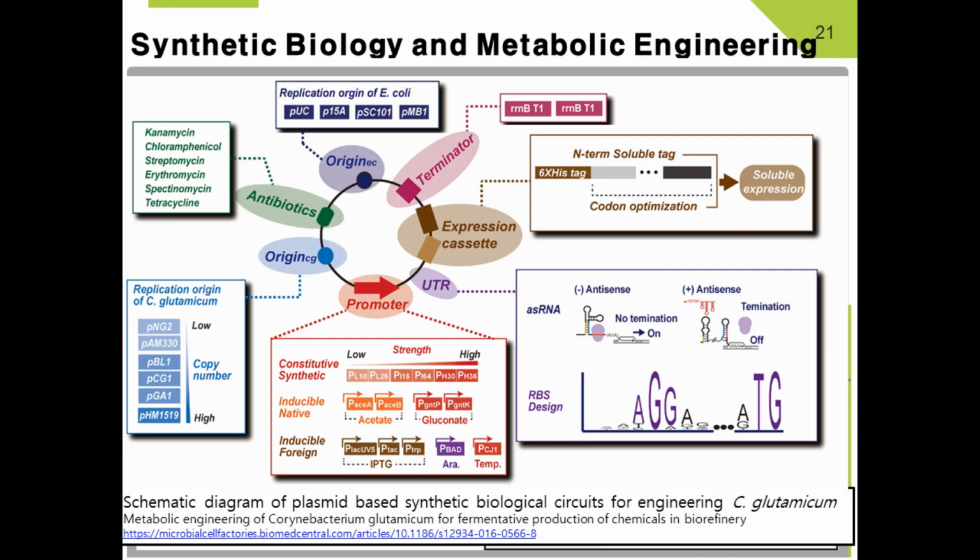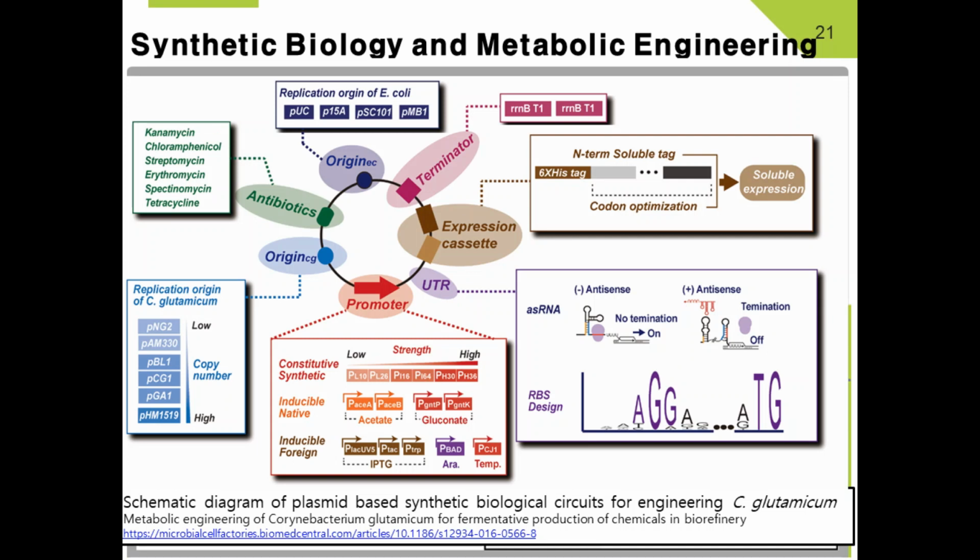Now for expression cassette, the expression cassette would have your gene sequence in it. Now the gene sequence can either have a his tag added to it so that it's easy to purify the target enzyme, and it also allows for soluble expression of your enzyme, or you can have codon optimized genes.